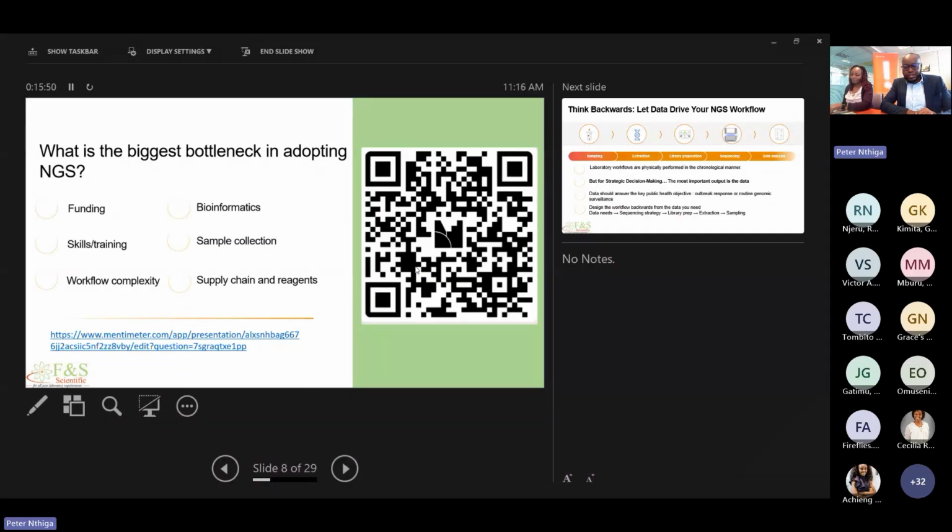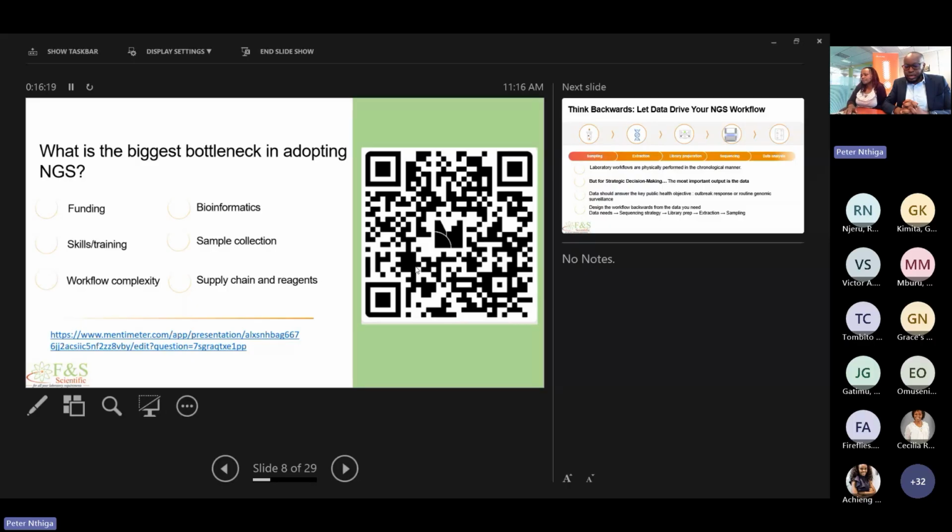Okay, data storage. Expensive. Wow. Okay, maybe at this point, thank you very much to those who have quickly highlighted the bottlenecks.